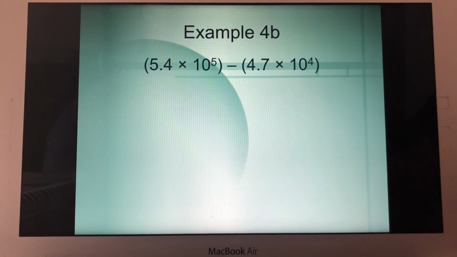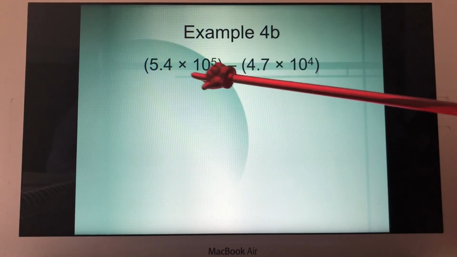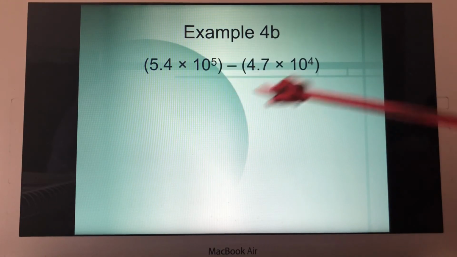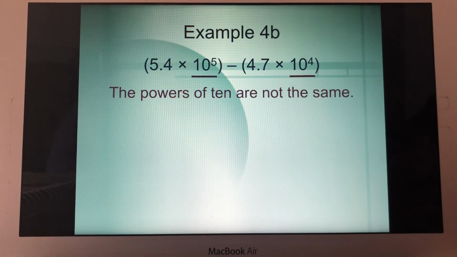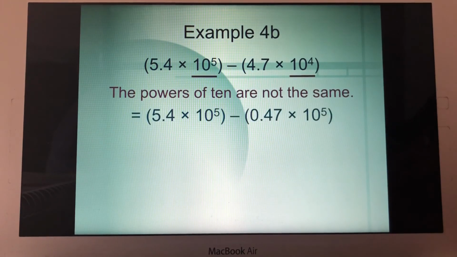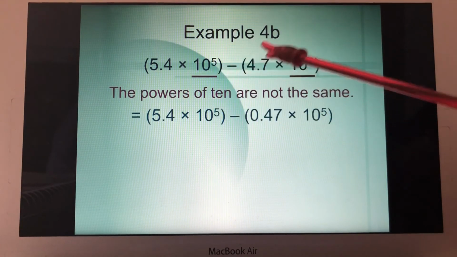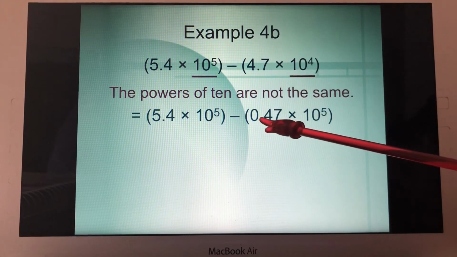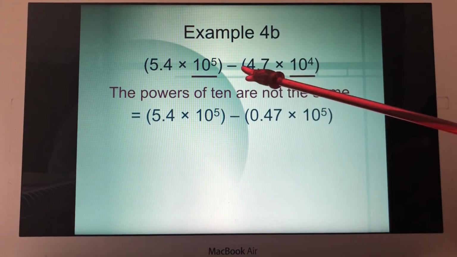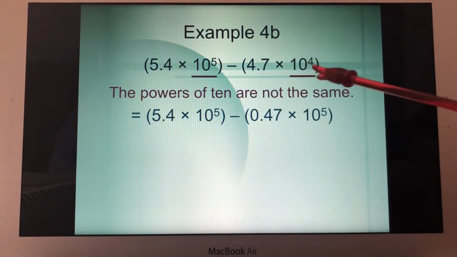Okay, for our next example now, we're going to subtract. See what happens when we have to subtract our two scientific notation numbers here. 10 to the 5th and 10 to the 4th, that's not the same though. So now we have to change those so that they are the same. And so what they did here was we moved your decimal over 1 place so that this becomes 10 to the 5th power.